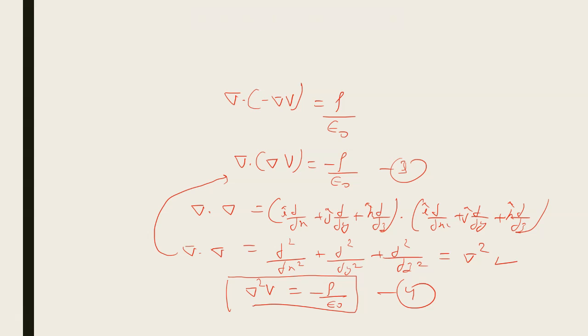This equation number 4 is known as the Poisson equation in MKS system. It relates the charge density to the second derivative of the potential V. That is, if we know the charge configuration, we can find out the potential by using this relation.